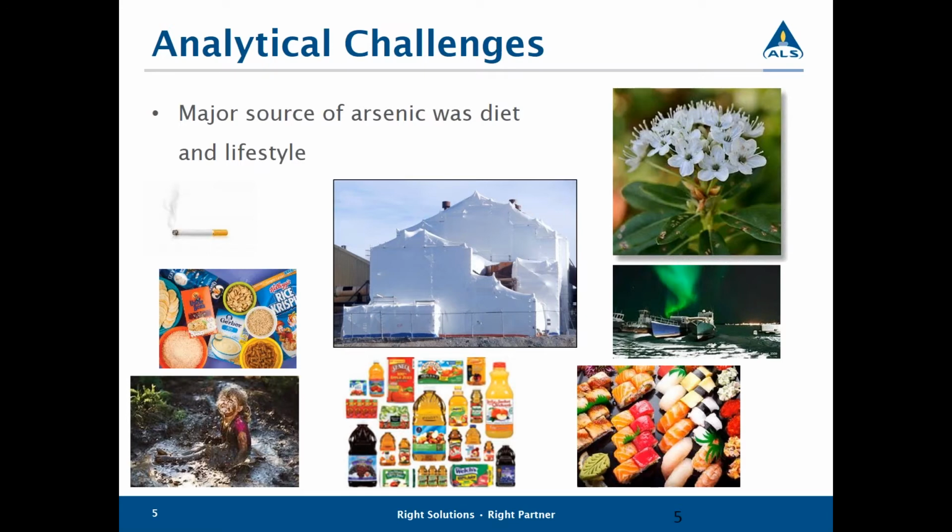So some of the analytical challenges I mentioned was not just the arsenic trioxide and the dust of that, but also that arsenic is in a lot of foods, a lot of drinks. It's present in cigarettes at about anywhere from 12 to 42 micrograms of arsenic per cigarette.